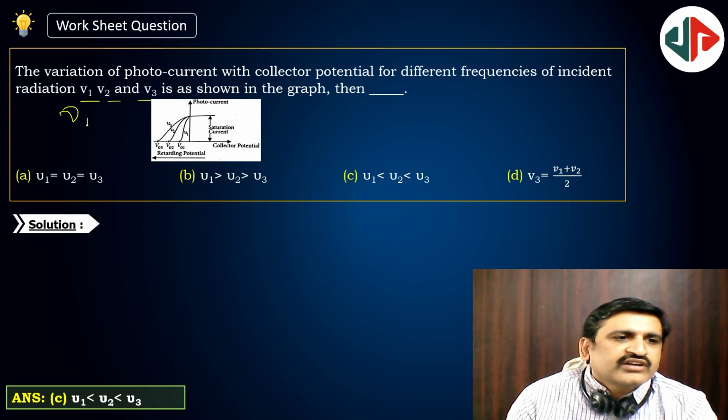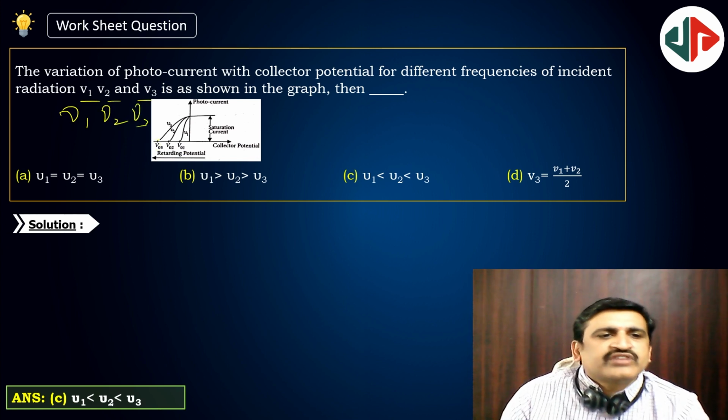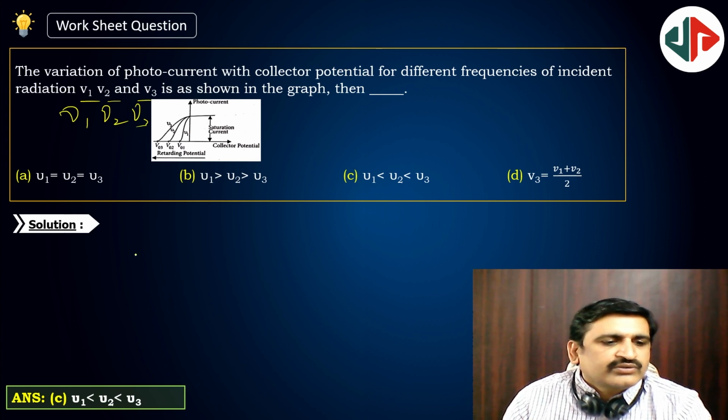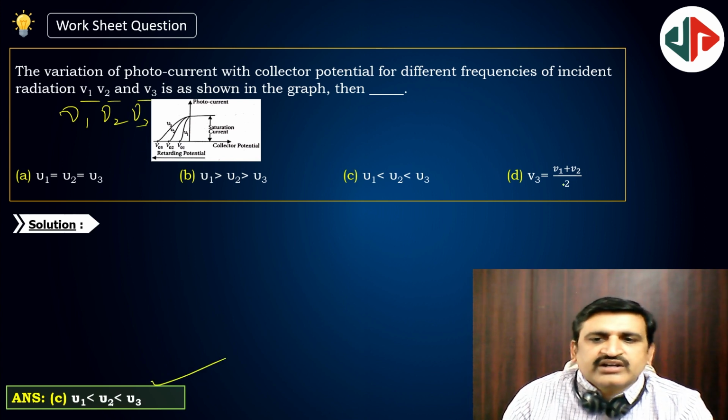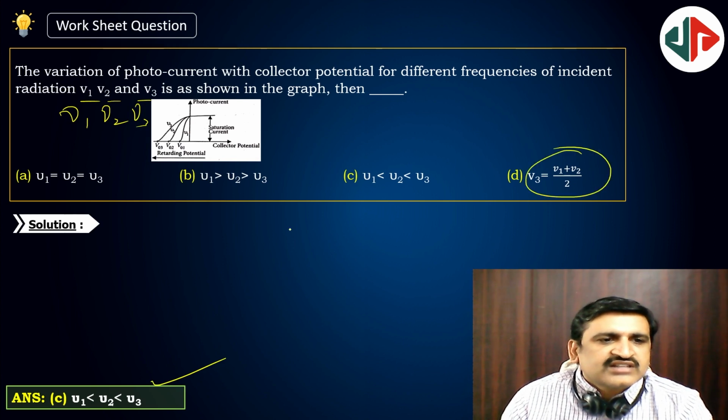Okay, fine. Nu1, nu2, nu3. Then more stopping potential, more frequency. Nu3 is greater. Yes, that's it. You can't tell this one because graph is not having any numbers.